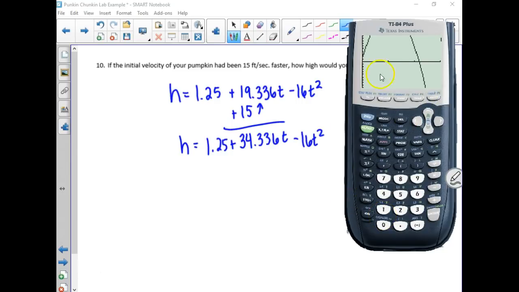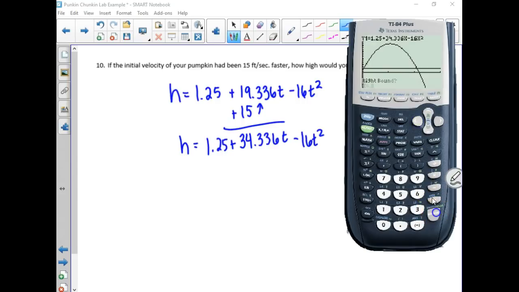Now notice that made my pumpkin go a lot higher, so I'm going to have to adjust my window. So I'm going to make that y max bigger, probably like 25 maybe will work. Yes, we can see the maximum well there. So I'm going to press second trace. I want the maximum, so I'll choose number 4. We'll do this just like we did the other maximum point. It's just our equation is different, so we'll get a different answer.